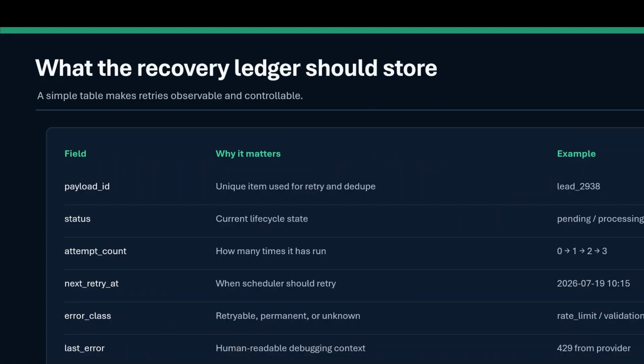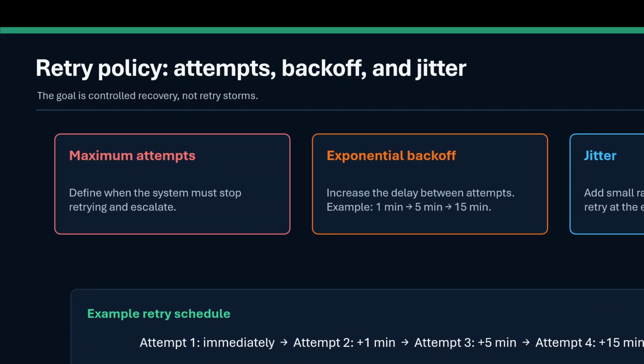Okay, here's an example of a retry schedule. Attempt 1 immediately, attempt 2 after 1 minute, attempt 3 after 5 minutes, attempt 4 after 15 minutes. If it doesn't work, escalate. And like I said, without backoff, retries can increase pressure on a provider that is already failing or rate limiting you, meaning they're already blocking you.